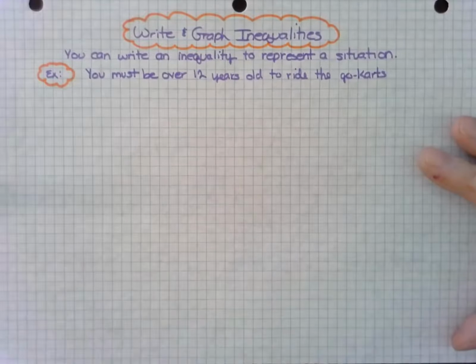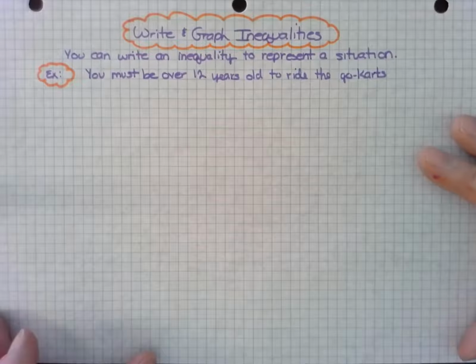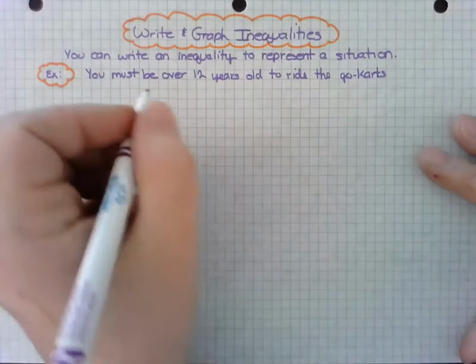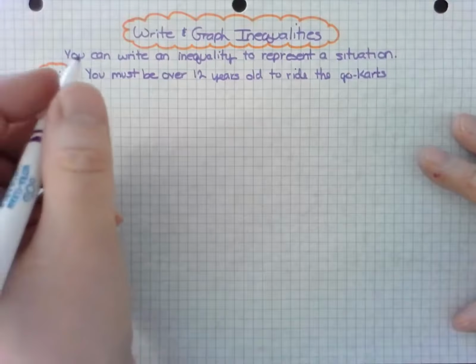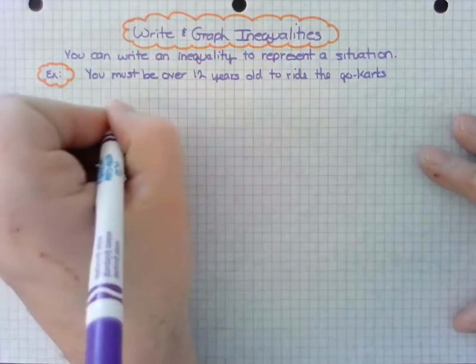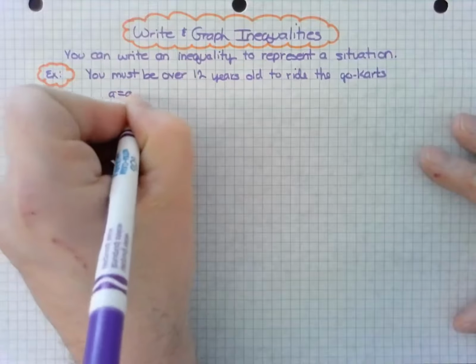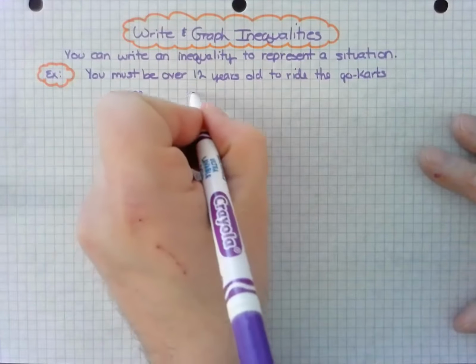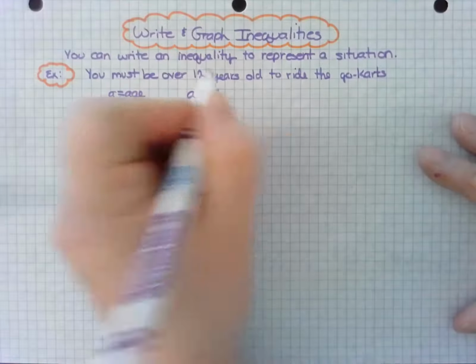So I can represent this situation with an inequality statement. This is similar to when we were writing algebraic expressions. So I know that I'm going to choose A as my age. And I know that my age has to be greater than 12.